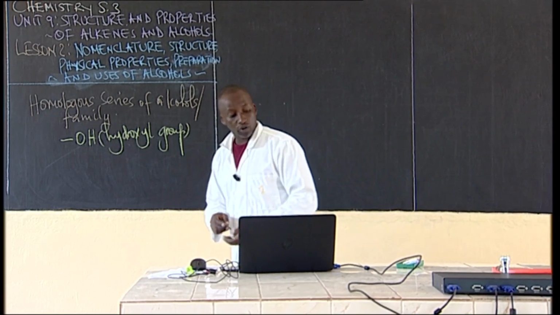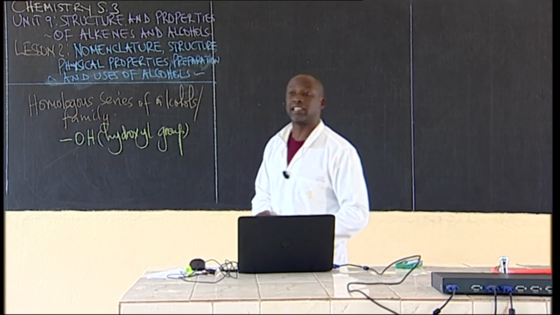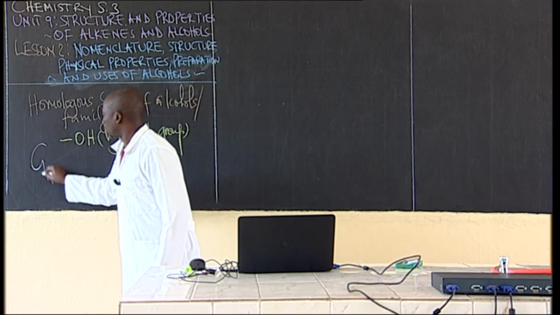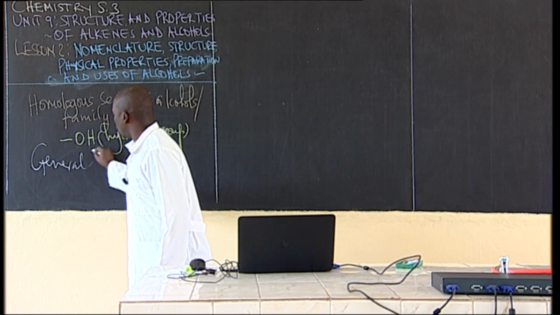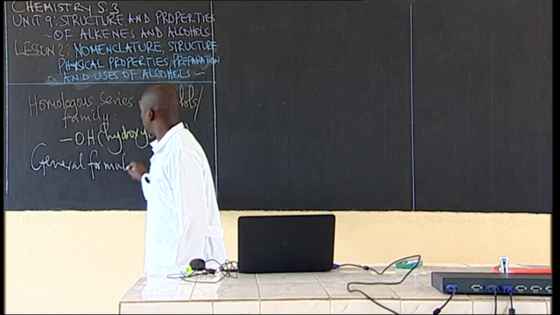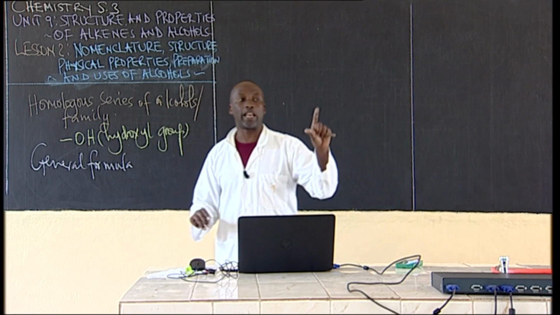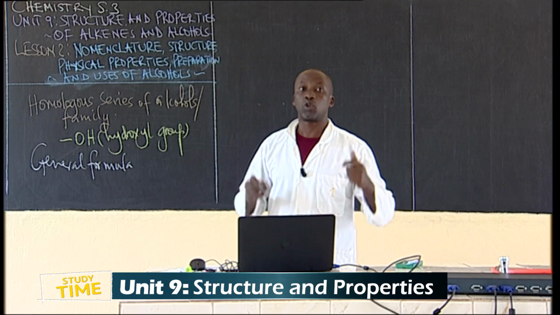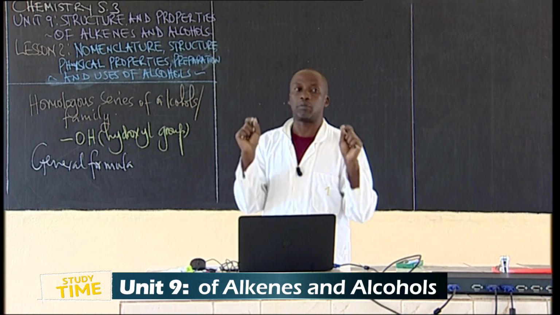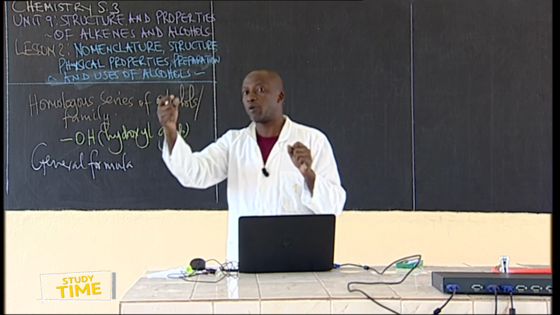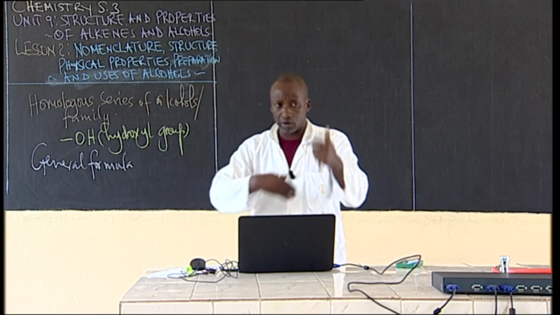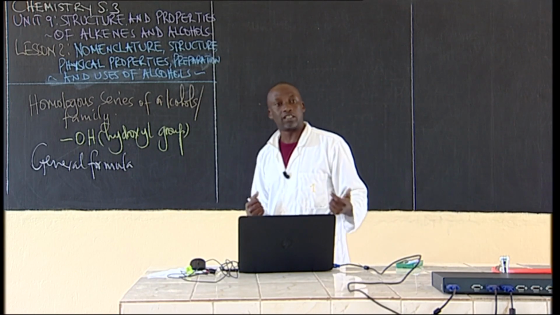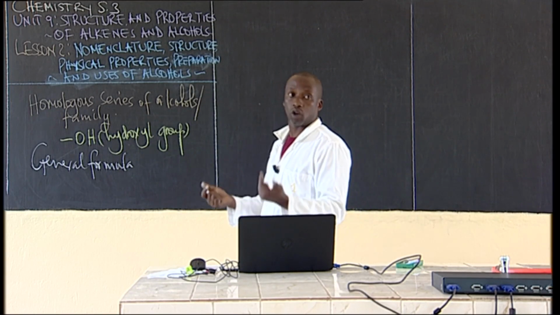So these compounds are represented by the general formula. You remember the general formula for alkenes, for alkanes, you should always recall all those, because those are a very important part. The moment you have the general formula, then you can easily write the structure of those compounds.